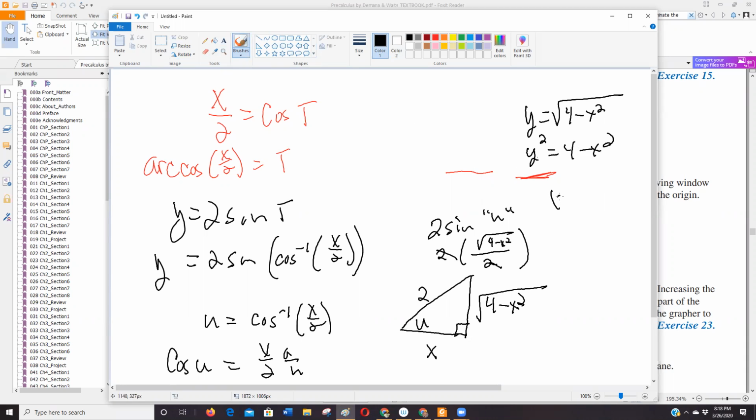And if we bring the x squared over, x squared plus y squared equals 4. And that's a circle centered at the origin with a radius of 2, right? And that corresponds to what they did.